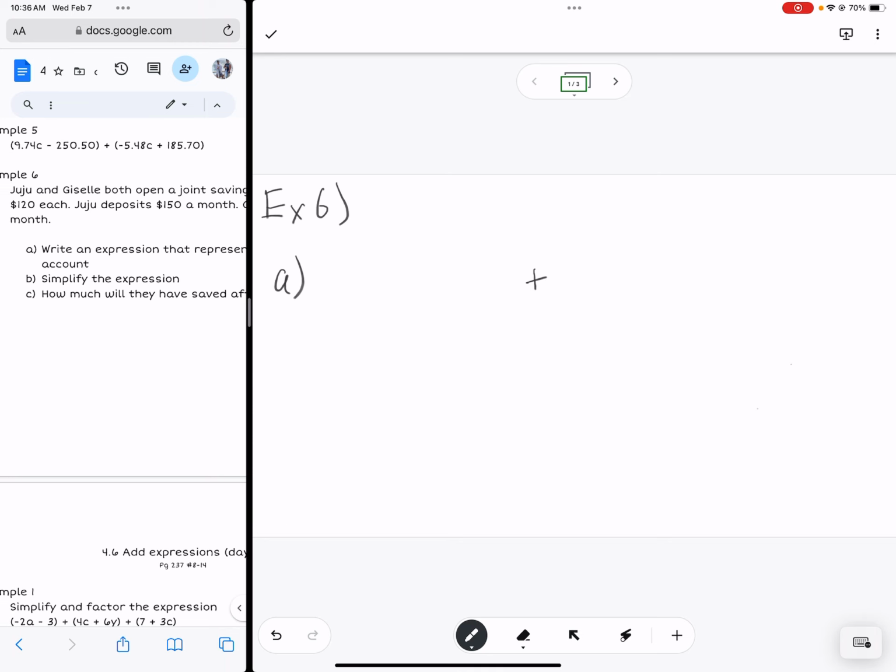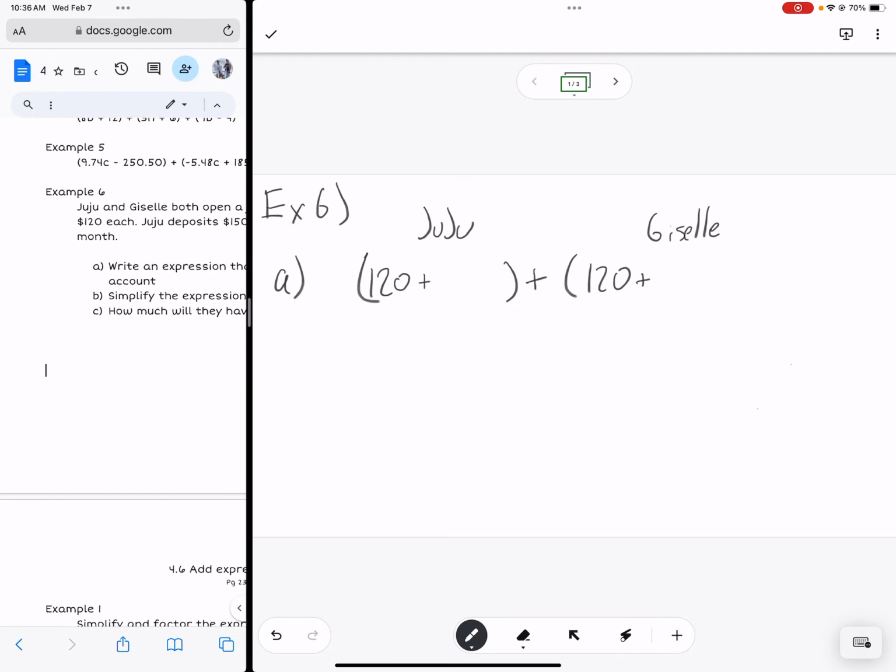They both start with 120. So we have 120 for Juju, and 120 for Giselle. Their savings account is increasing, which is why we want to add.